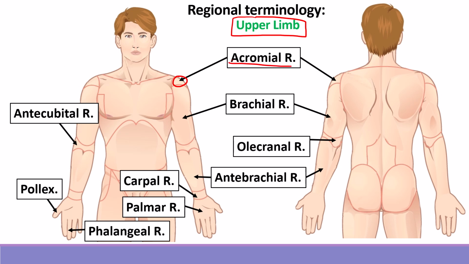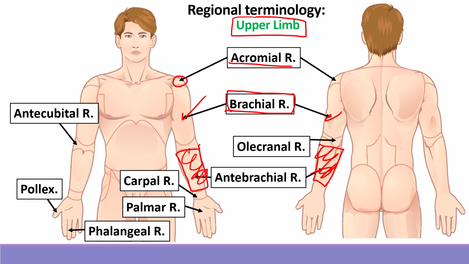So acromial region. The region for the arm is brachial, back and front, or anterior and posterior, is called the same. The forearm is the antebrachial region, front and back. And here's where things start getting more complex.